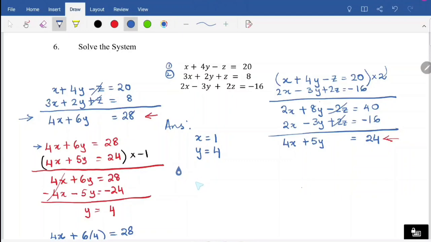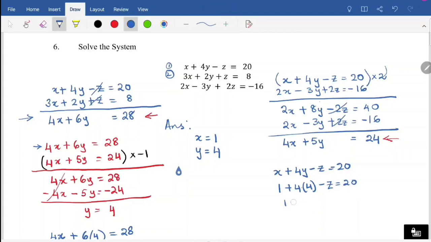So let me just first write the equation, and let me make some space here. Now let's work it here. x plus 4y minus z equals 20. And we know x is 1, so I'm going to write 1 plus 4 times 4, that's the value of y I plugged in, minus z equals 20.